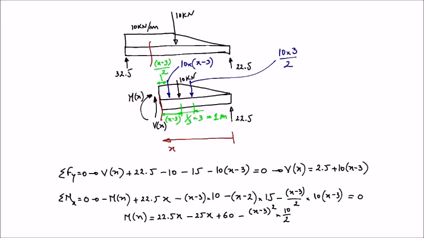So we can simplify this a little bit more. We can say Mx is going to be equal to minus 5(x minus 3) squared. Oh, I think I don't have space.